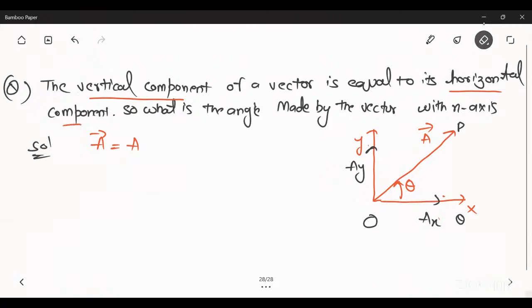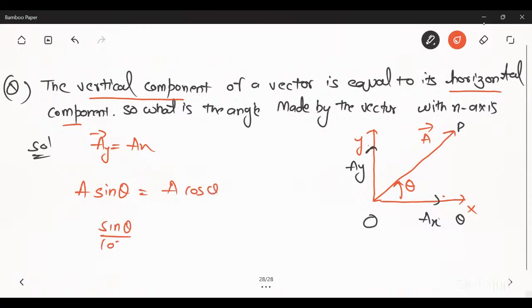So what it means is AY equal to AX, and what is the value of AY? We know that AY equals A sine theta and AX is A cos theta. Now sine theta upon cos theta is equal to A upon A, which is equal to 1. So sine theta upon cos theta is tan theta. So tan theta equal to 1.